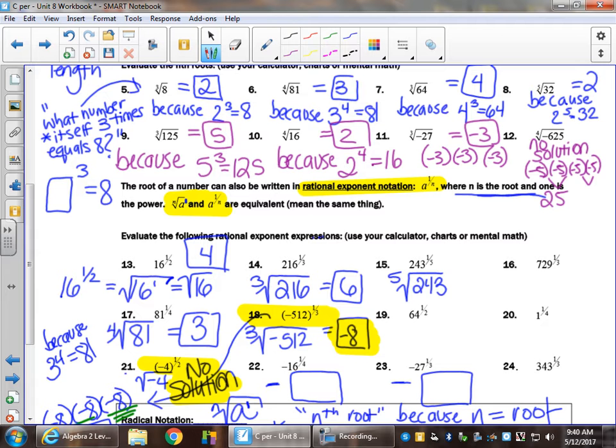And then negative 5 times negative 5 is 25. That's a positive times a positive. Will you ever get a negative from that? It's never going to happen. So that's why it's no solution. So we can take the odd, in number 11, this does exist. You can take the odd root of a negative. You can never take the even root of a negative. So there was 9 through 12.